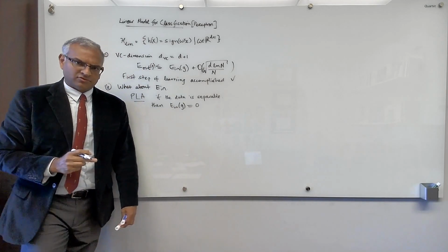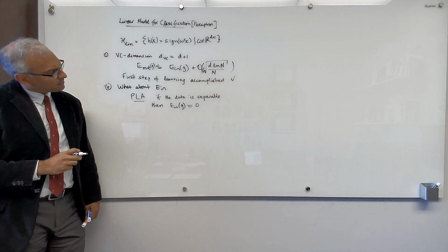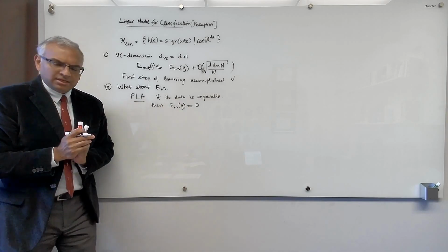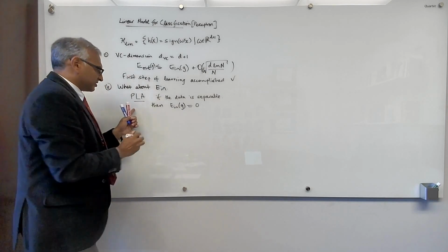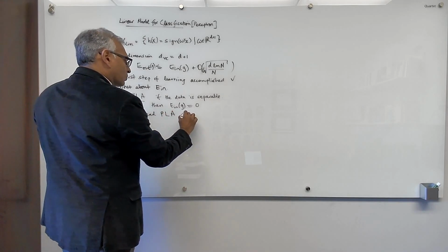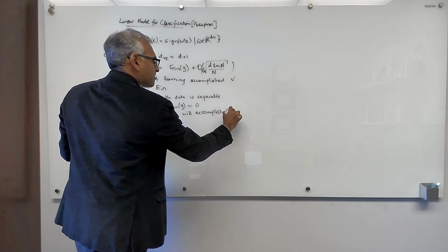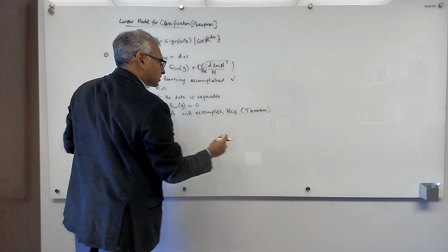That's what it means for the data to be separable. If the data is separable, you can get E in of g equal to 0, and the perceptron learning algorithm will accomplish this. And you prove this as a theorem.